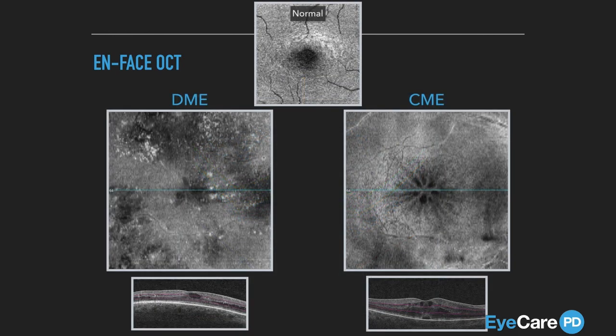If you take a look here at this very quick example of the cases we've seen, you can see at the top you've got a normal patient. This is what a normal en face OCT looks like within this slab region. And then on the left, you can see a patient with diabetic macular edema, en face OCT. On the right, cystoid macular edema.